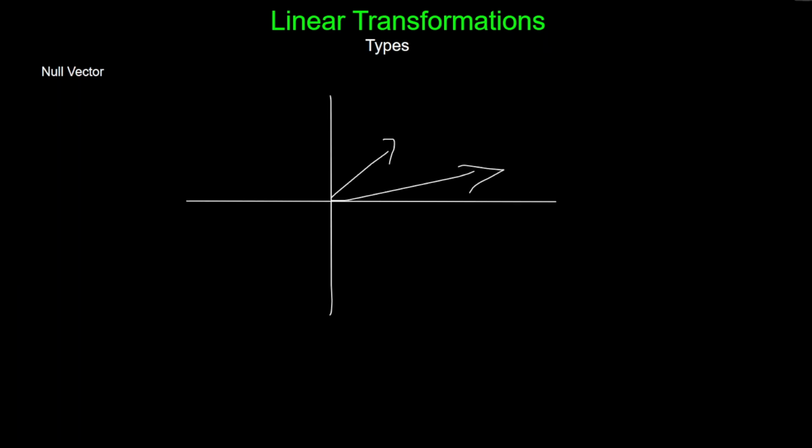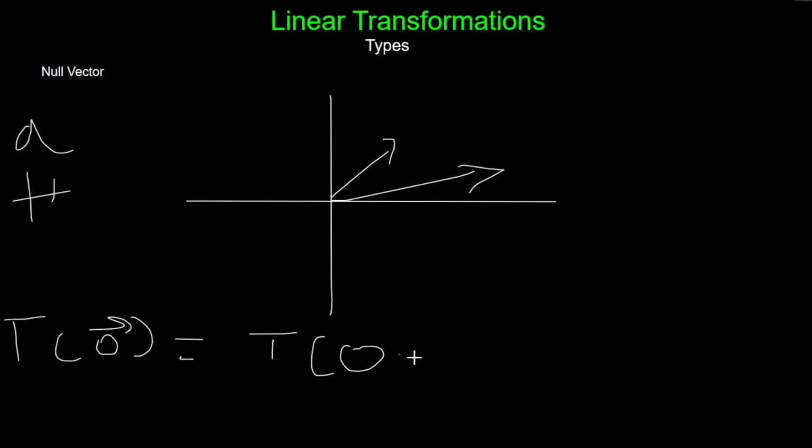So let's talk about the null vector property during linear transformation. During any linear transformation, the null vector must be preserved. What do I mean by it? We have these two properties of additivity and homogeneity, which is the scalar multiplication. Let's say we are doing a transformation on a zero vector, and this can be the transformation of 0 multiplied by a vector u.